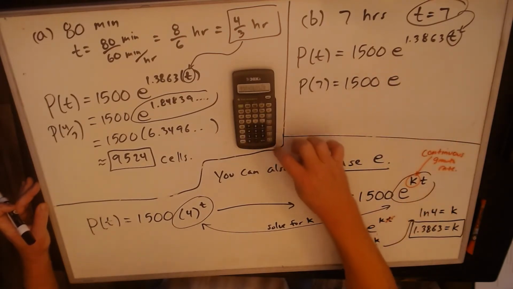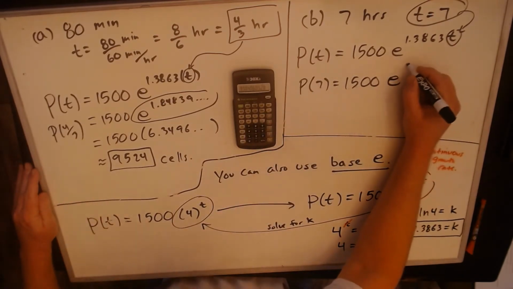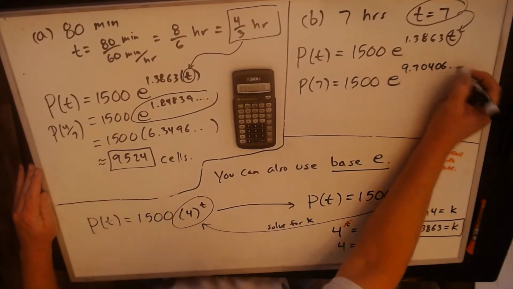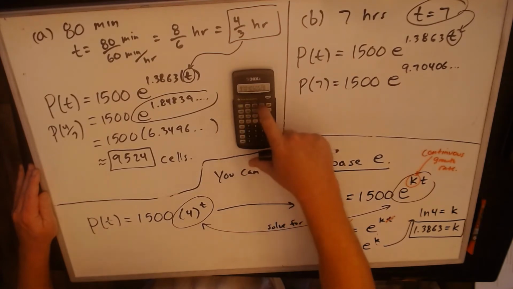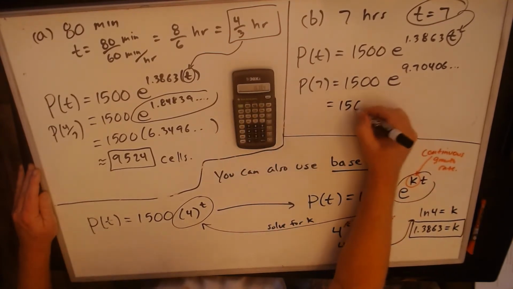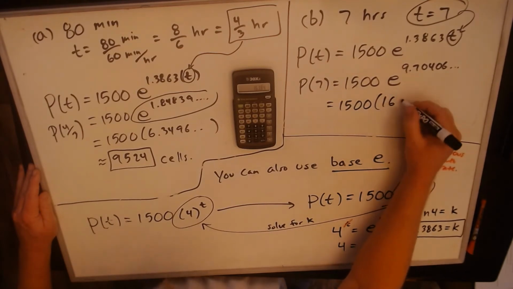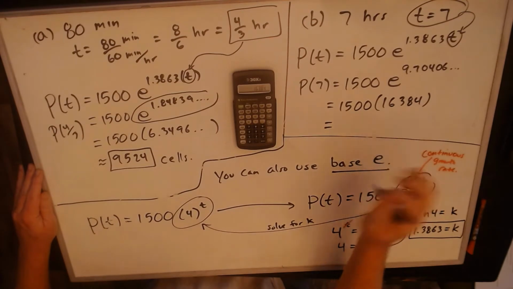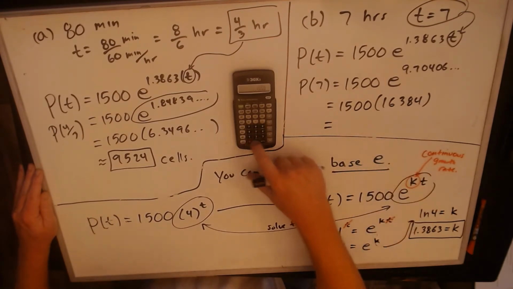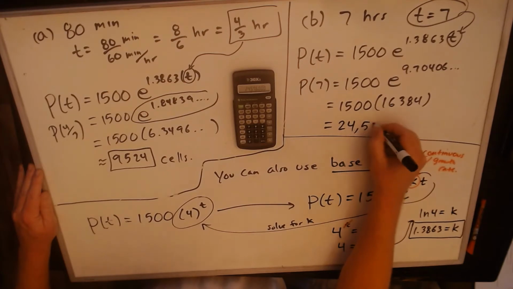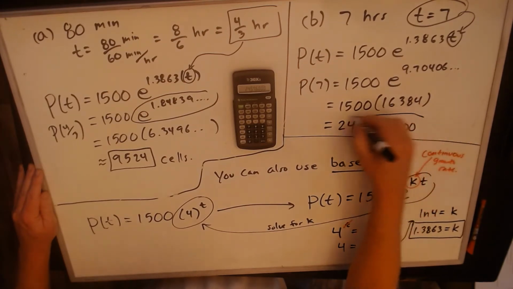Multiply that by 7. So now look how large my exponent is, 9.70406, etc. And then do e. You get 16,384. Does that look familiar? It's exactly the same value that we got last time times 1,500, and you get the same 24,576,000.